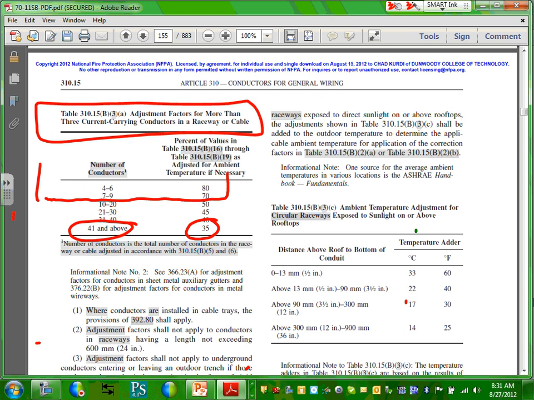So design-wise, you're going to be putting no more than 9 conductors in a conduit, and we typically do that in branch circuits. We don't use them in feeders. It would be foolish to group feeders together, for two reasons: number one, the rating, and number two, the reliability of the system.